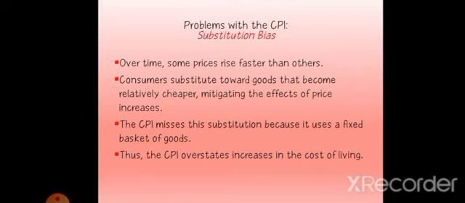So, since apples have a lower price compared to pears, when the BLS constructs the basket of goods, it will include more apples. Since apples are cheaper, a consumer would include more apples in his basket of goods.